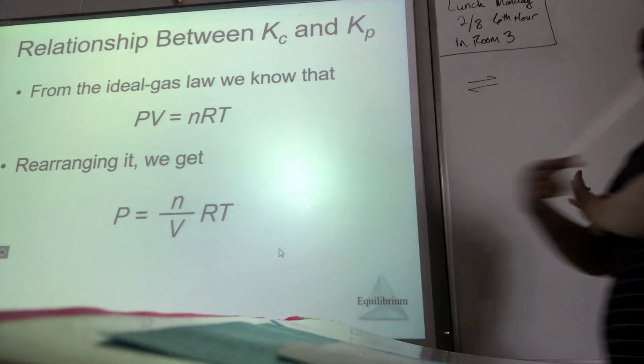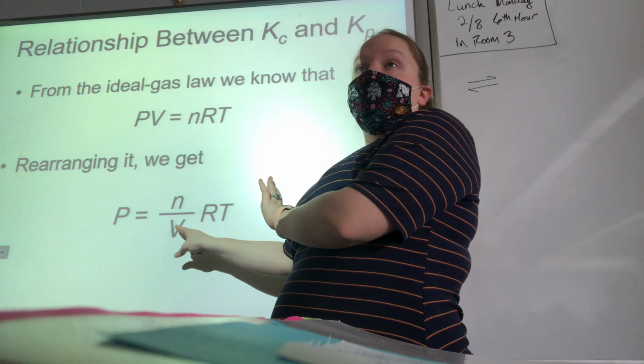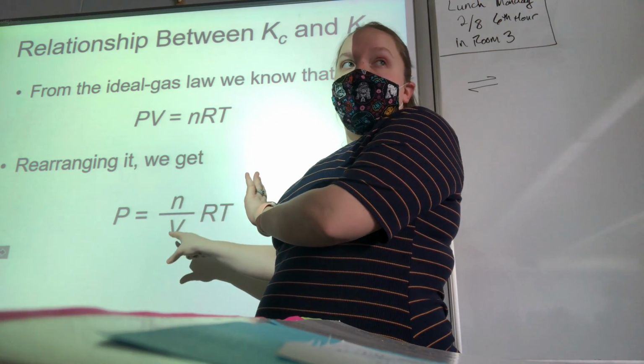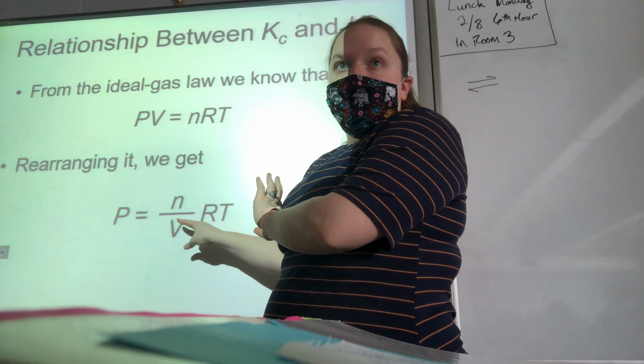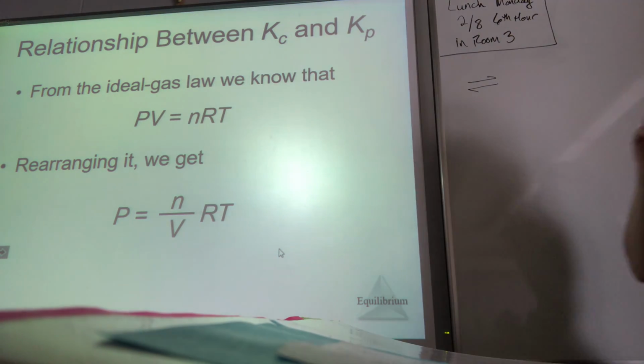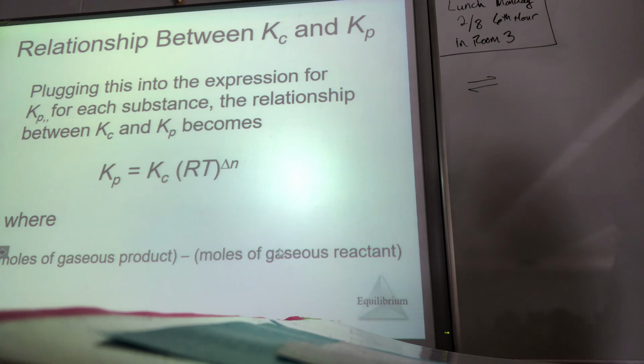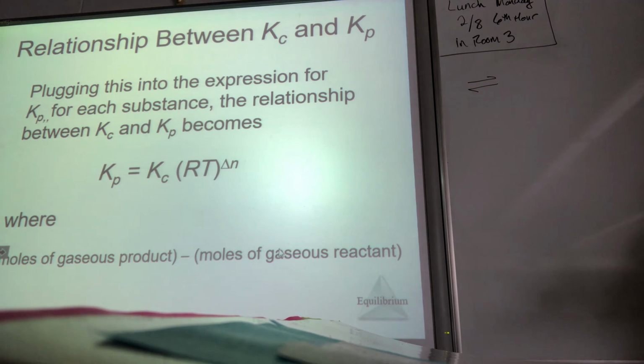If we divide the ideal gas law by volume on both sides, we get moles over liters. Moles over liters is also molarity, okay? So in relating the two, we're going to learn how to take a K in concentration units and convert it to a K in pressure units, using a very simple version of that.